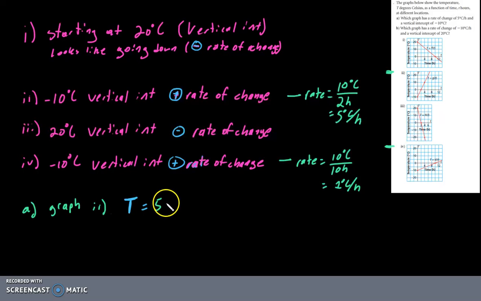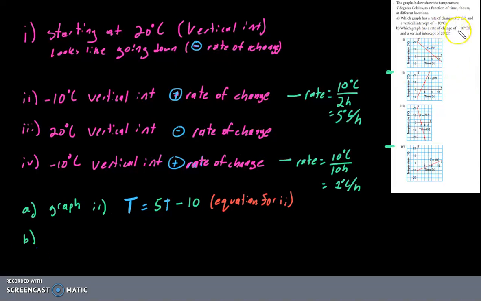My independent variable is going to be small t, and I'm going to have my vertical intercept afterwards. So that's actually going to be my equation for it. I know the question isn't asking for that, but this is something that we're going to have to do later on. Equation for graph 2.